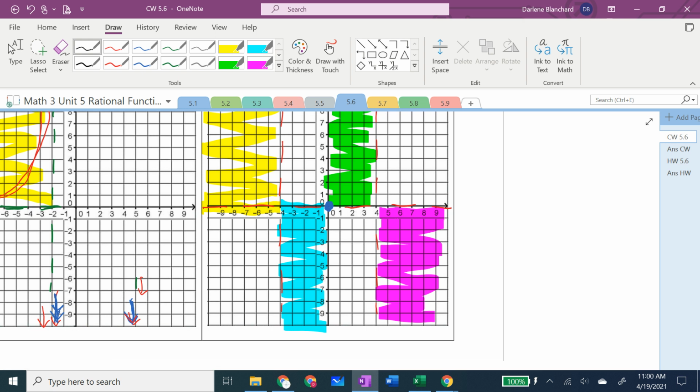Now, I'm going to start with the horizontal asymptote. There are two ends of a horizontal, a left end and a right end. On the left end, I'm either heading from above it or below it. Because I know that I'm above the x-axis, I am above it for sure.